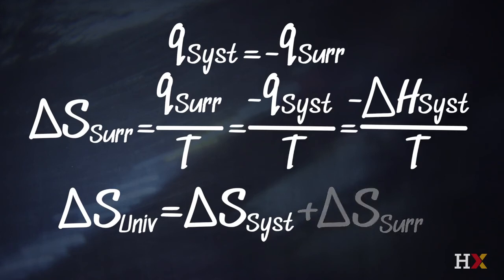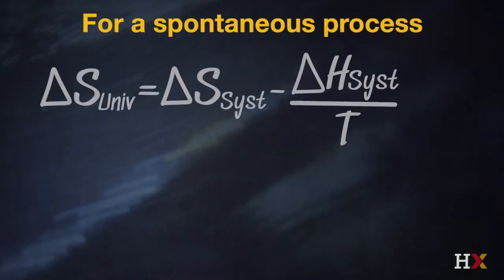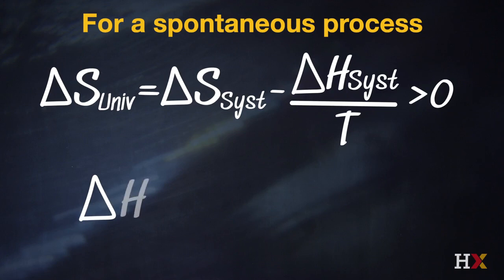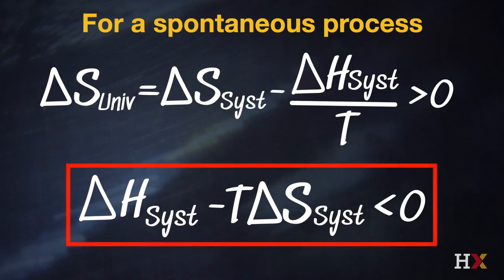That is, we can write this as minus the change in enthalpy of the system divided by the temperature. And the second law says that for any spontaneous process, this quantity must be greater than zero. I can rewrite this then as the change in enthalpy of the system minus the temperature times the change in entropy of the system must be less than zero for a spontaneous process.